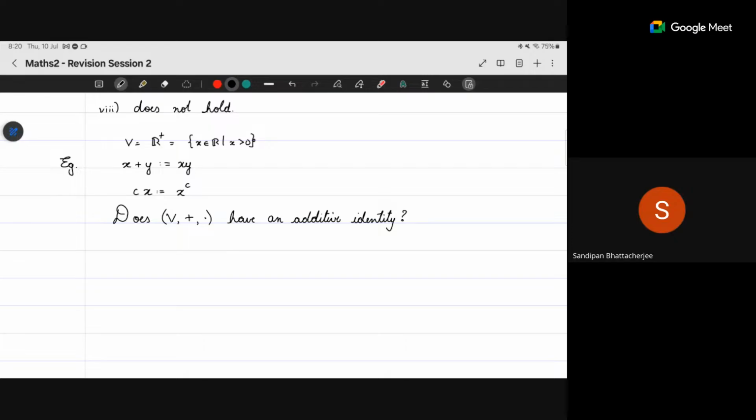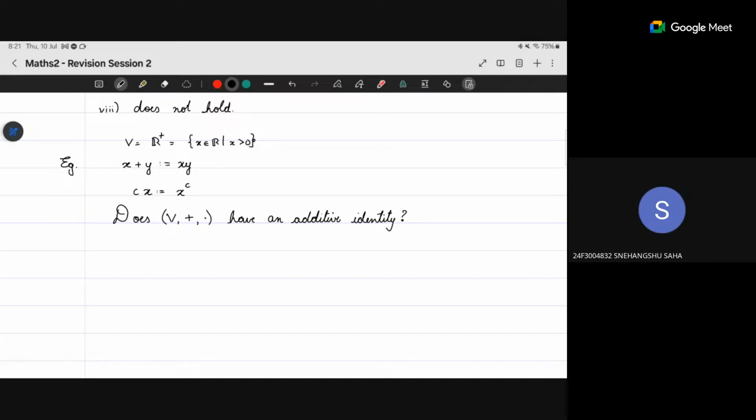So the additive identity would be the usual additive identity 0, 0, right? But there's no 0. My set is positive real numbers. Okay, you have said x greater than 0. So what is the answer? Does it have an additive identity? No, sir.